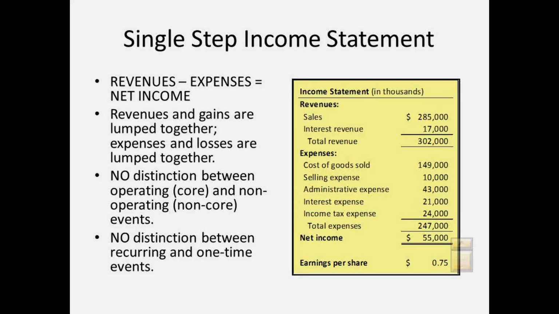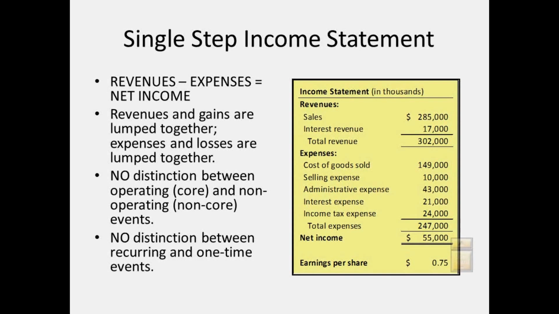So a single-step income statement lumps all the revenues and gains in one pile and says total revenues or total inflows, all the expenses, and then the net is your net income. Earnings per share is just, you take the income, you divide by the number of shares outstanding. Is that exactly precise? Well, no, there's some adjustments you might make to the number of shares outstanding, and it gets a little more complicated. But we're going to defer that till intermediate 2.